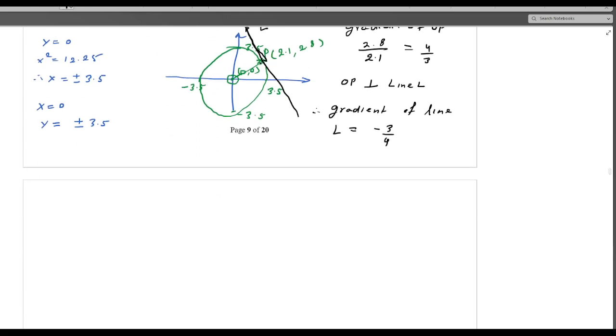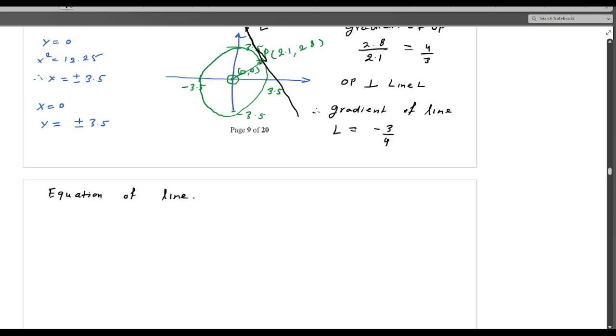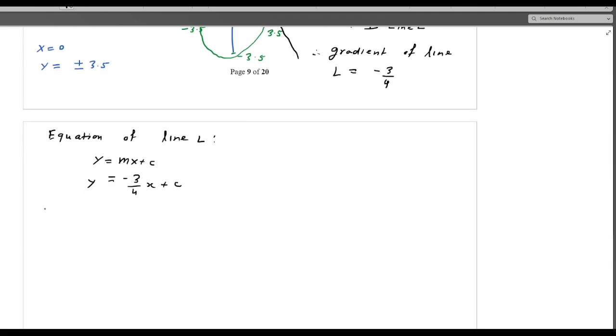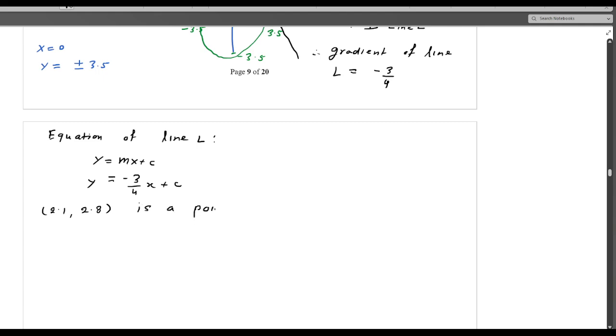Now the equation of your line L is y = mx + c, where the value of m we know is minus 3 divided by 4, so y = -3/4 x + c. Now this tangent is passing through (2.1, 2.8), so (2.1, 2.8) is a point on the tangent.